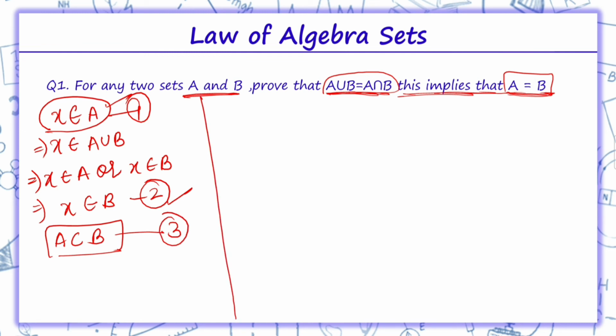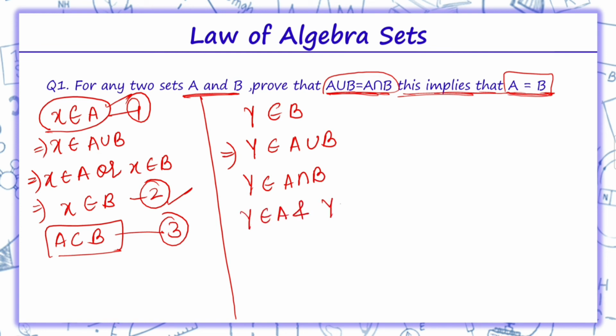Now in the same manner, we'll take another arbitrary element Y which belongs to set B. If Y belongs to set B, it can be written as Y belongs to A union B. Now here A union B is equal to what? A intersection B. So we'll write Y belongs to A and Y belongs to B. Now we are saying Y belongs to B and Y belongs to A also.